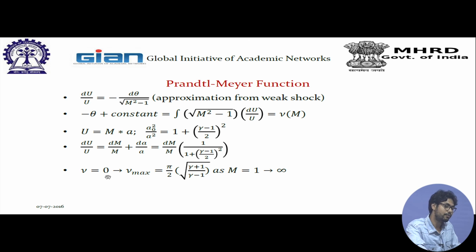So as nu, the Prandtl-Meyer function, varies from 0 to nu max, Mach number M varies from 1 to infinity. So this is the range of the supersonic flow. Now this relation between nu, M and theta is given in all standard text references as reference tables which we can refer to.